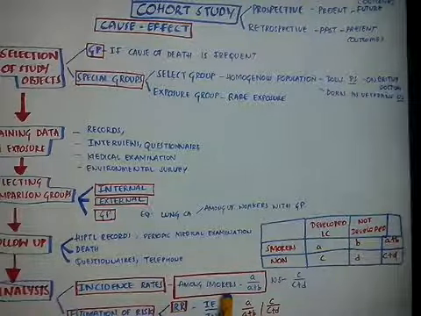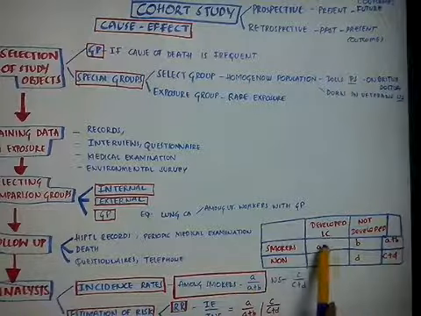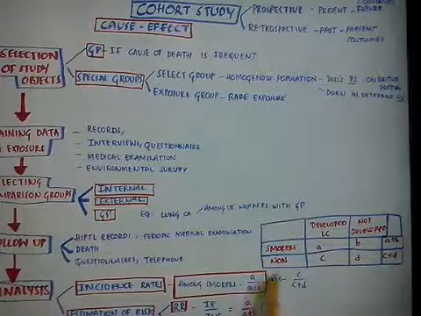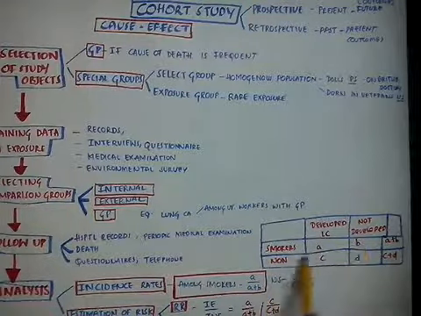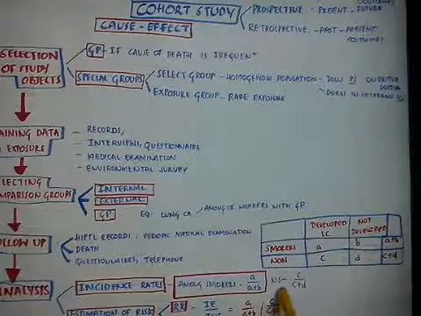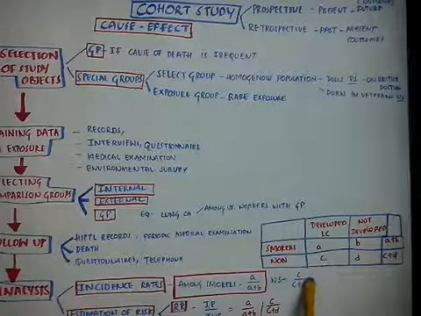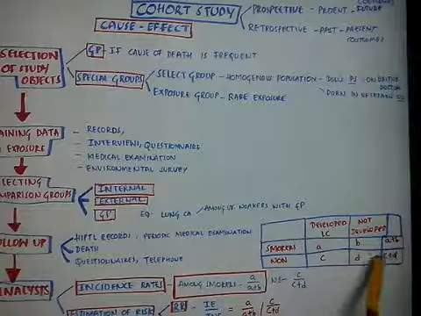So among smokers, the number of new cases is A by total number of population at risk. These smokers are at risk, so A by A plus B. Whereas in non-smokers, it is number of new cases C by total number of population at risk, that is C by C plus D.